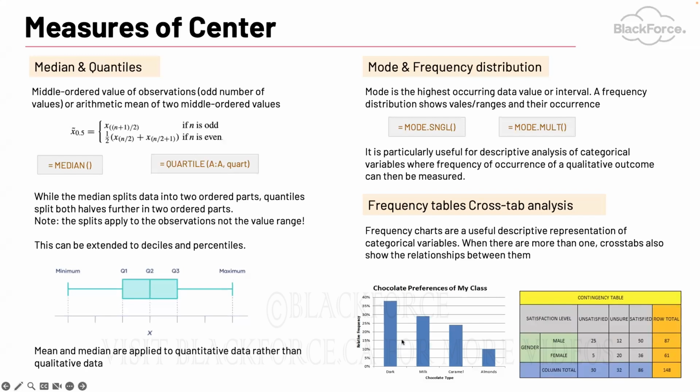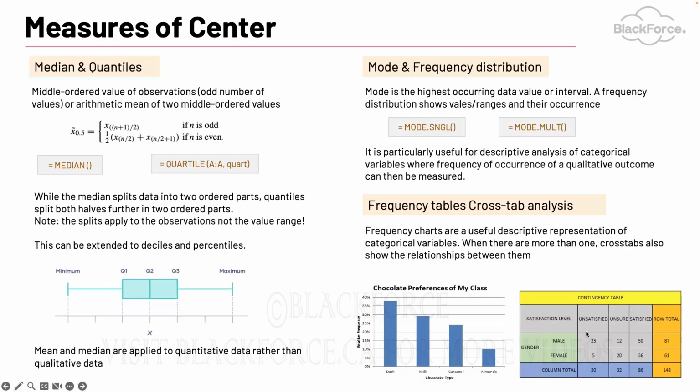So dark chocolate, 37% of the time, milk chocolate, 28% of the class, so 29% liked it, and so on and so forth. So this is a graphical way to show categorical data preference.